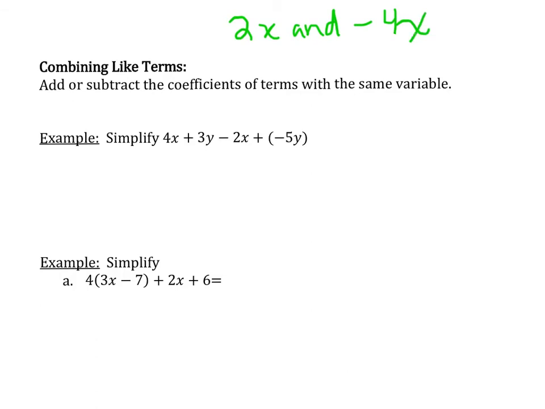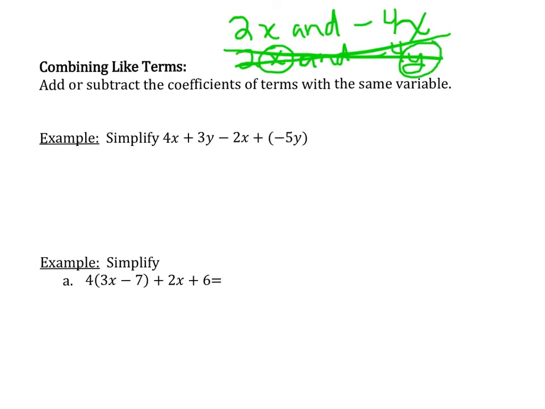All right, they have the same variable part, and they just have a number multiplied in front of them. That's what we call a like term. Something like 2x and negative 4y would not be considered like terms because the 2 has an x and the negative 4 has the y. All right, so those are not like terms.